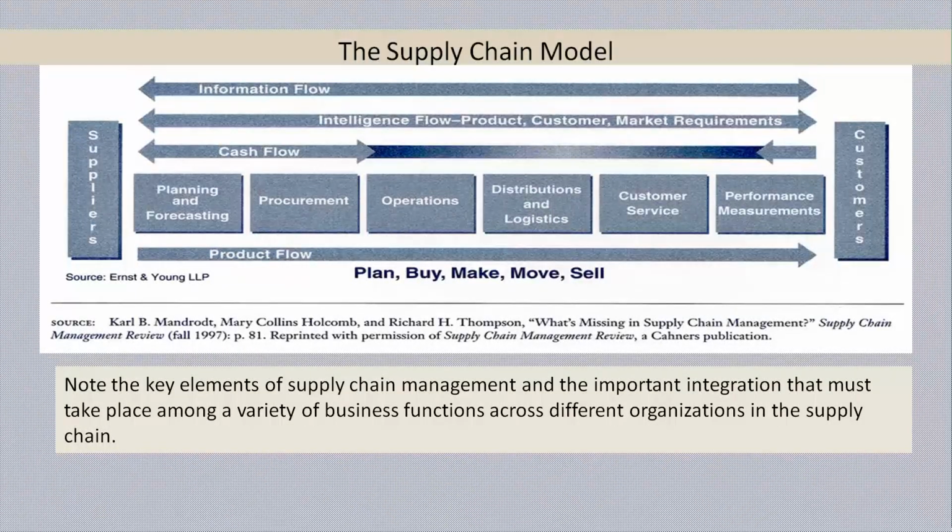So, this is the entire chain, and the arrow at the bottom shows that the flow of product is from the left to the right. But if you see the bidirectional arrows on top, the very top one indicates information flow. Now, information flows up and down this supply chain, because information is generated when the product and services go forward from the source to the customer.